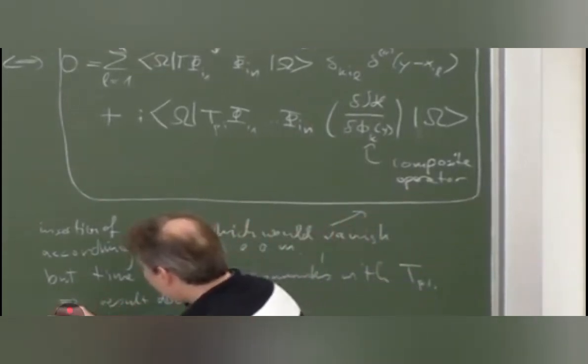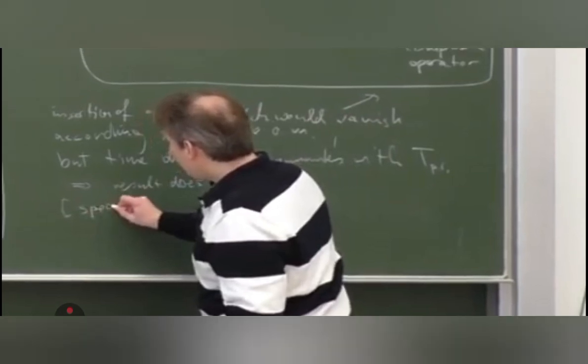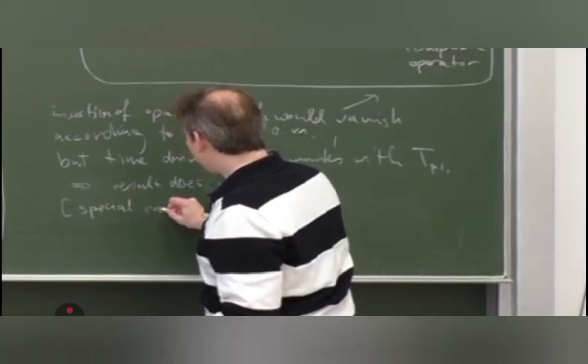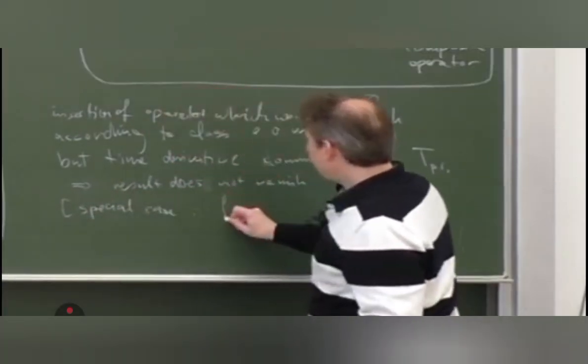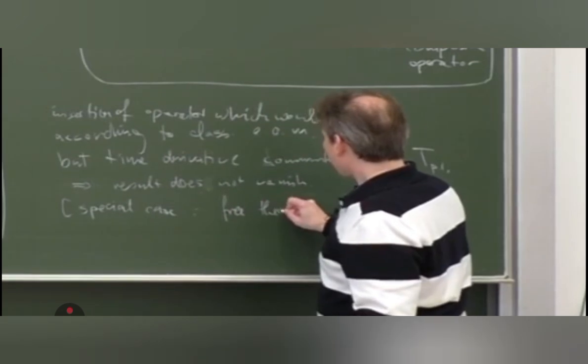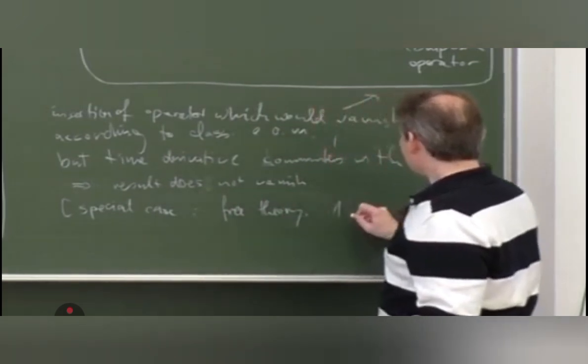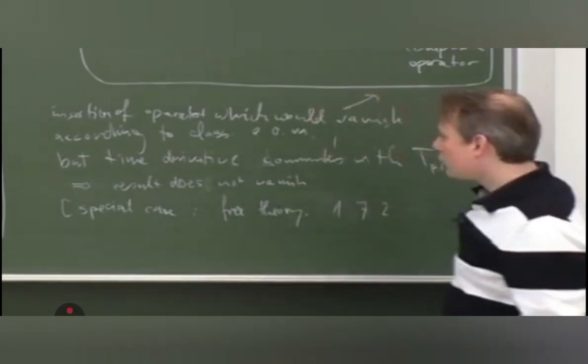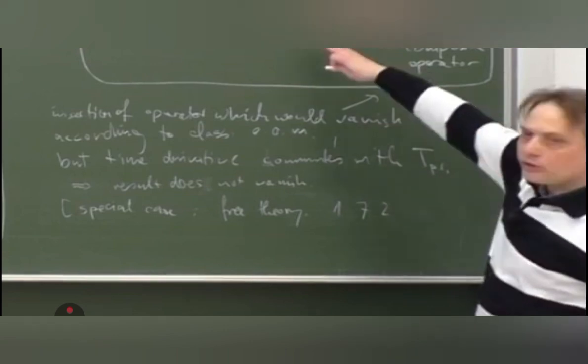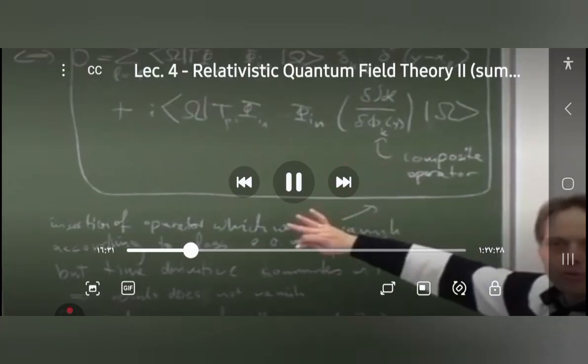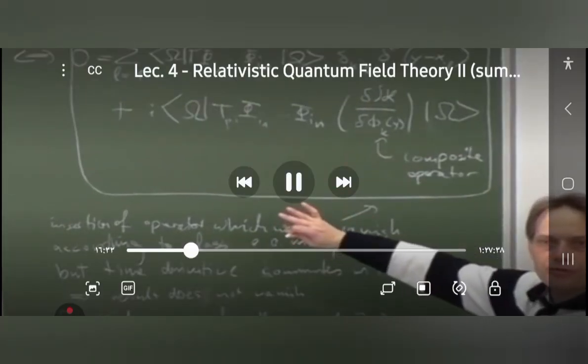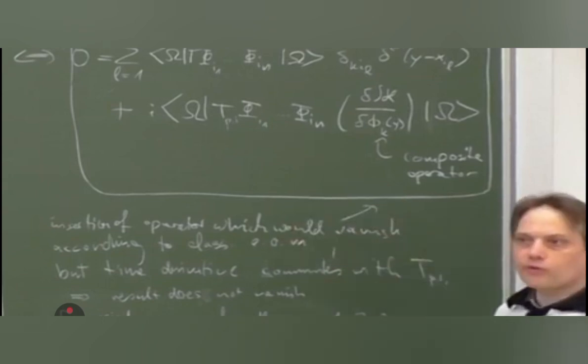So I also want to point out that we have already seen a special case in the free theory, which was our section 172, where we basically derived that the free propagator, the two-point function in the free theory, is always the inverse of the differential operator.